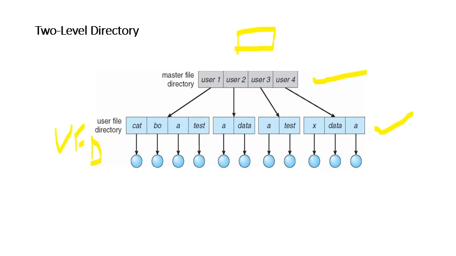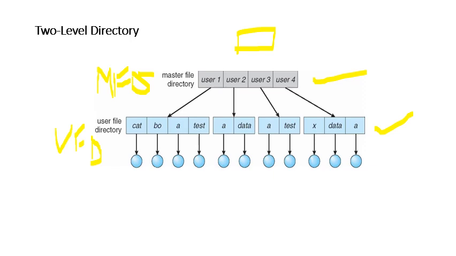And this is called the master file directory, MFD for short. Whenever a user ID is logged in, each user has their own user file directory. And the master file directory is indexed by the username or the account number, and each entry points to the UFD for that particular user.